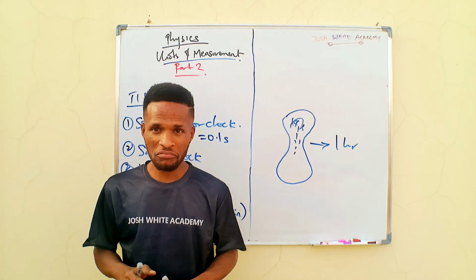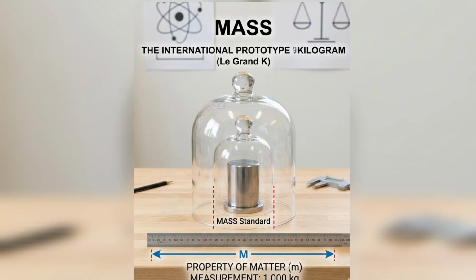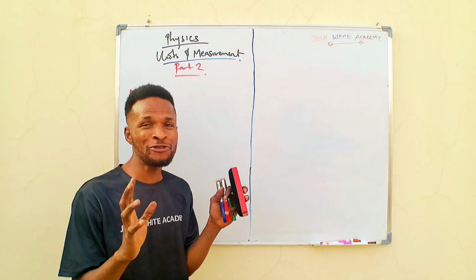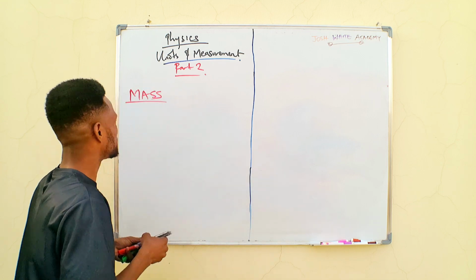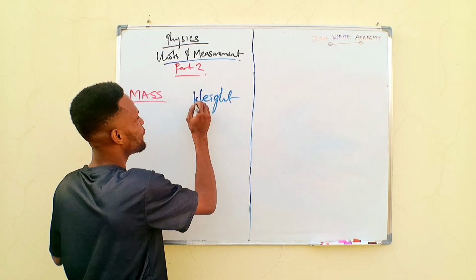And lastly, we're talking about mass. Most times this quantity called mass is confused or mistaken by many students for another quantity called weight.